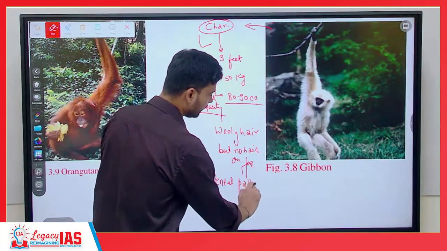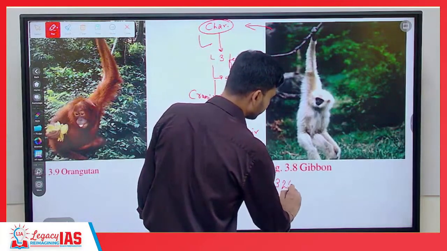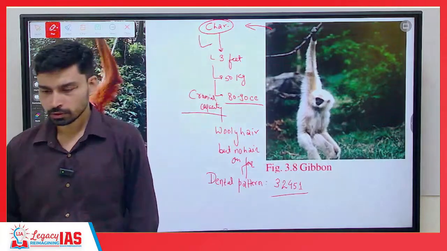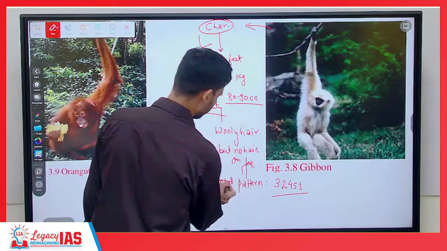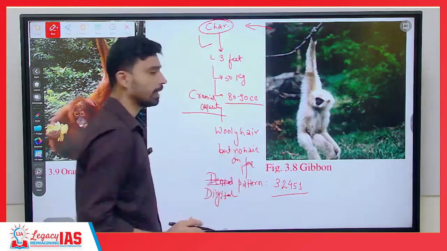If you look at the digital pattern of gibbons, it is 3, 2, 4, 5, 1. Sorry, not dental pattern, digital pattern.